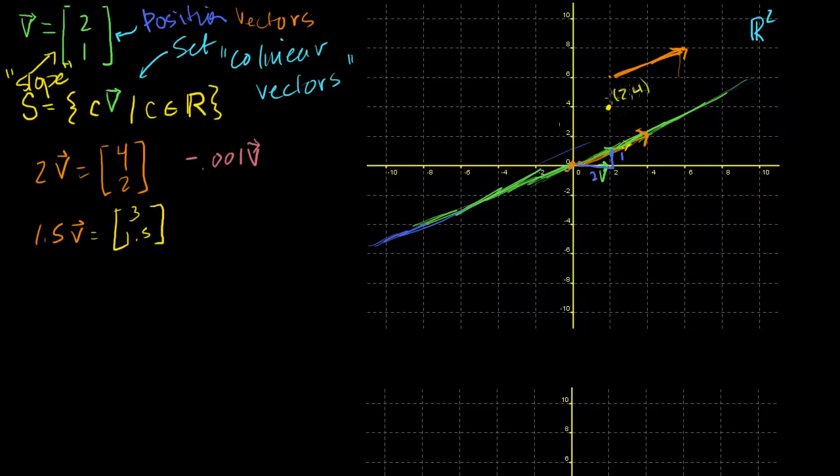Or if we're thinking in position vectors, we could say that point is represented by the vector, let me call that x. It's represented by the vector x, and the vector x is equal to (2, 4).